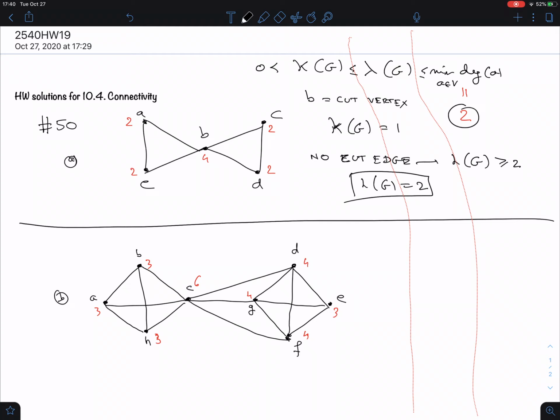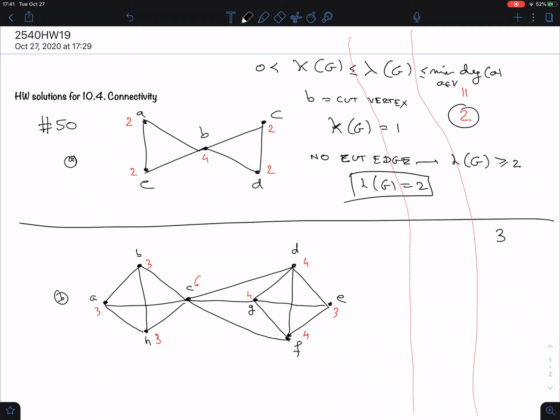Okay, let's again look at, is there a cut vertex? What do you think? Yes, there is one, because if I remove this guy and all the edges that are coming out of that guy, I get two separate disconnected graphs.